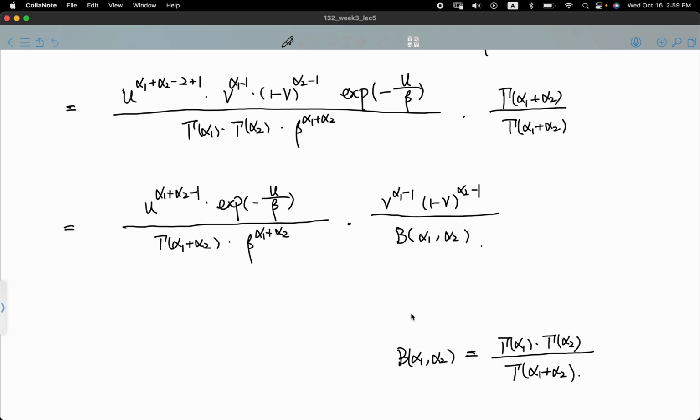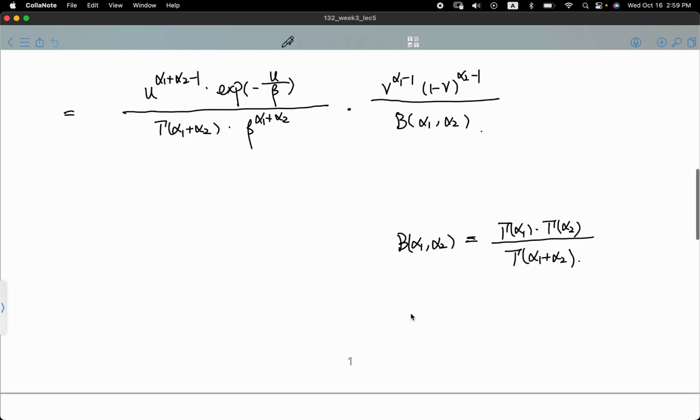And then after we rewrite this joint distribution in this way, we see that this u here is actually following a gamma distribution with the parameter alpha 1 plus alpha 2, and the beta is still the same. And for this one, this is a new distribution called the beta distribution.